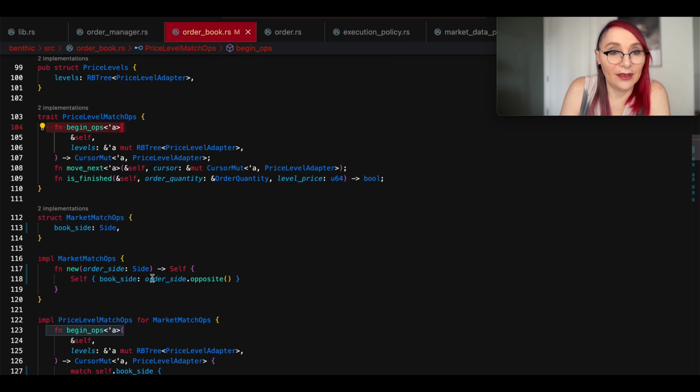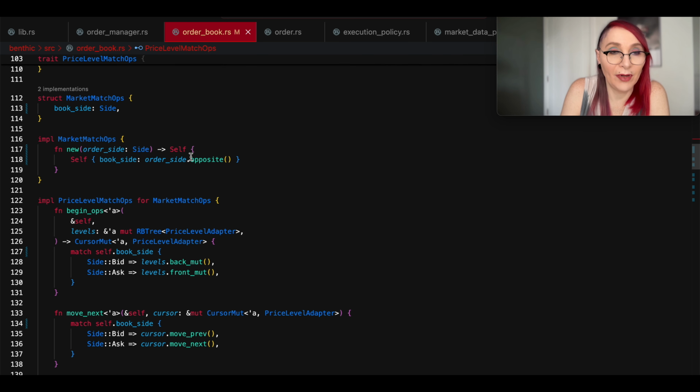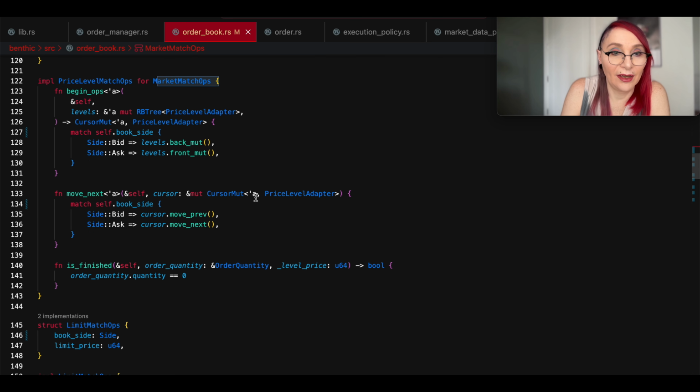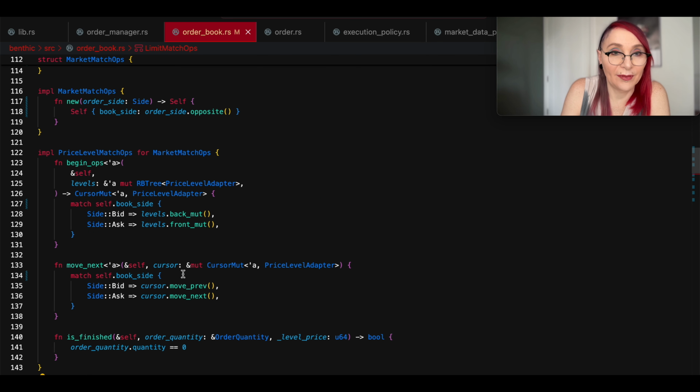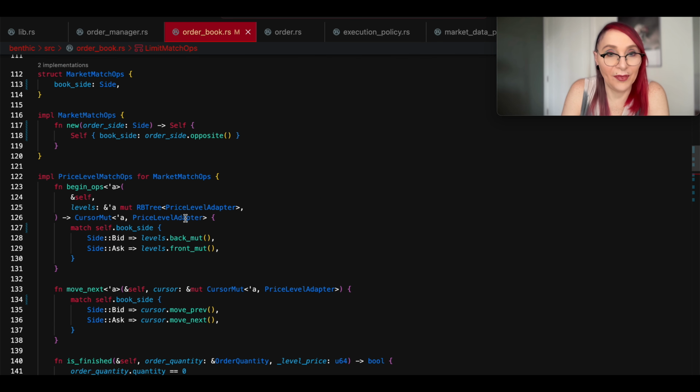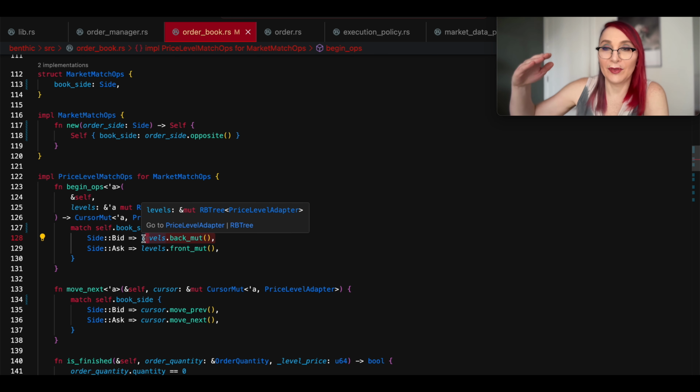And we can see that there are implementations of these price level match ops for market orders and for limit orders. They are basically very similar. So the market match ops implement the begin as, if it's a bid side, we go from the back. So we go from the highest price down to the lower prices, okay?